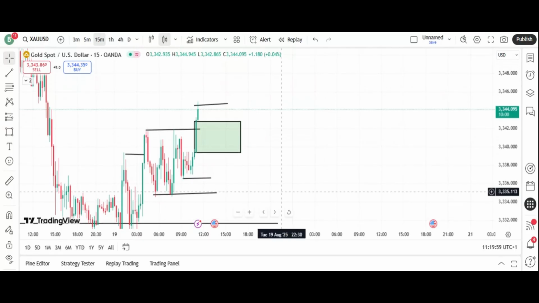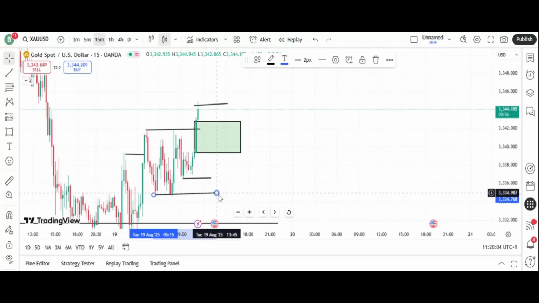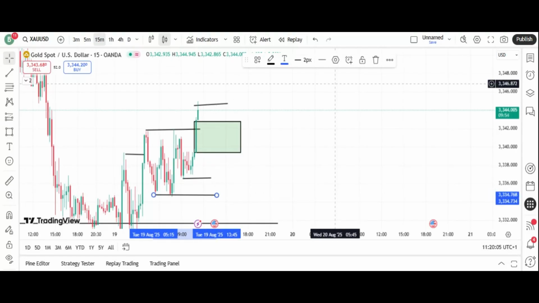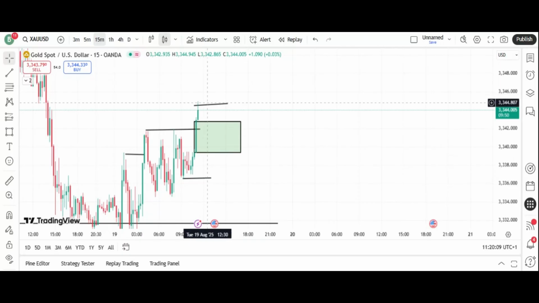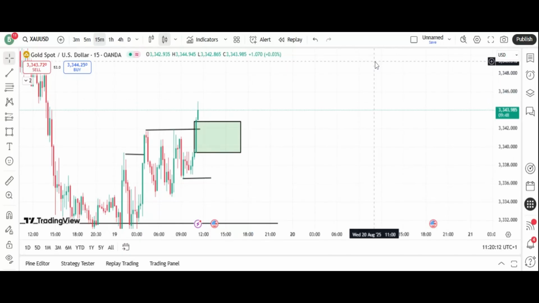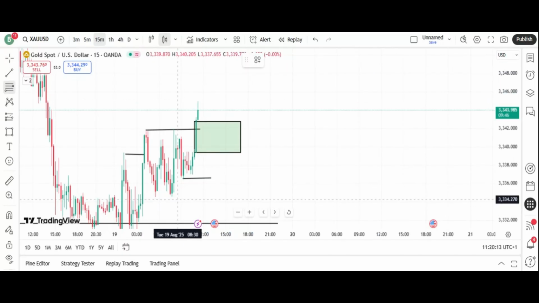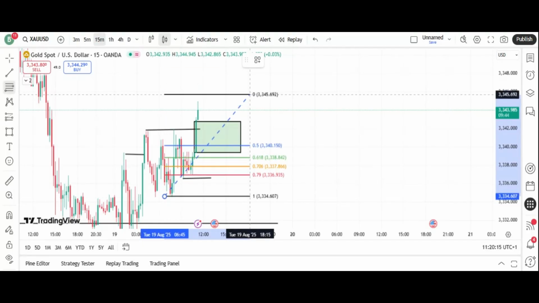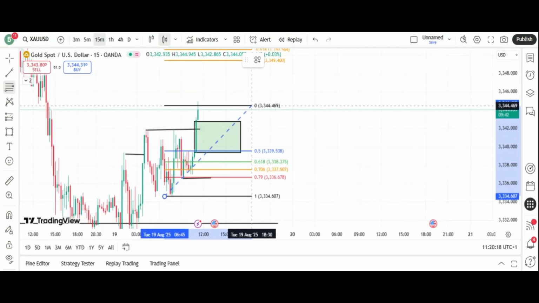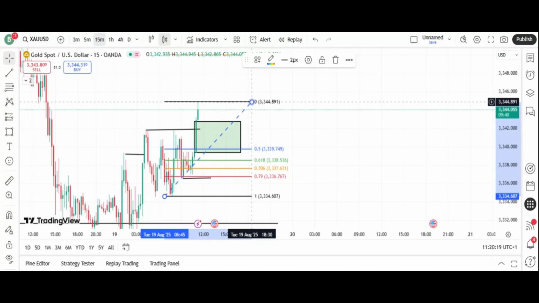Now, if I draw my, let me remove this. This is my low. Let's say I want to put my Fibonacci retracement. I can come here and do something like this and say, okay, you see, my 0.5 perfectly falls within that fair value gap range.